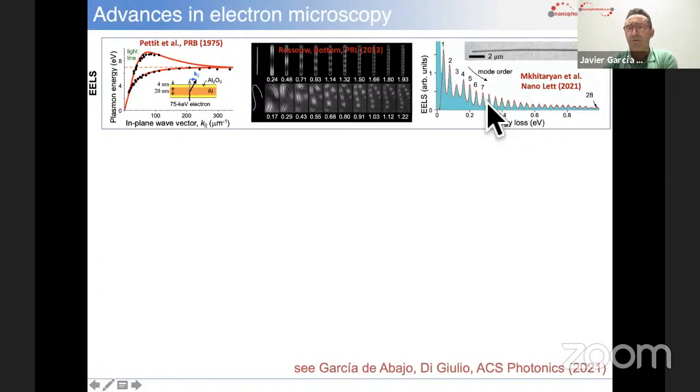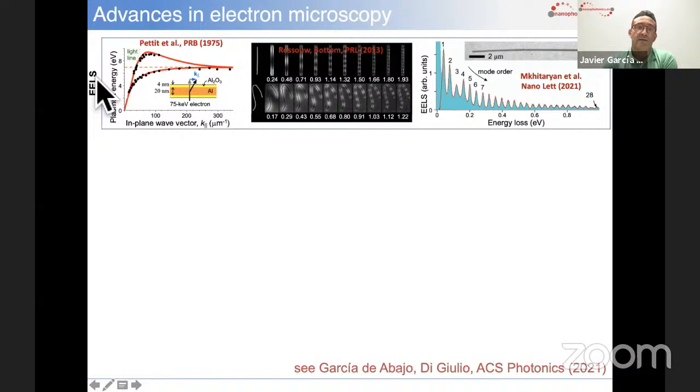You can see tons of plasmons that are confined, the standing waves in these wires, with very high quality factor, surprisingly, despite being copper, and down to very low energies, thanks to the new capabilities of these microscopes.